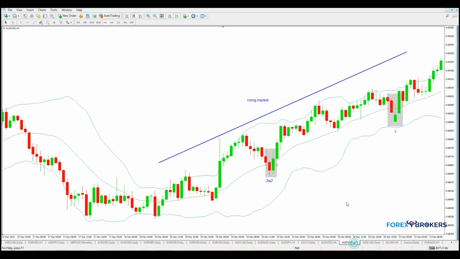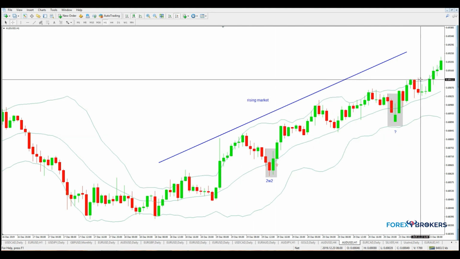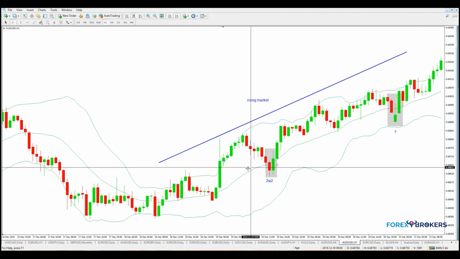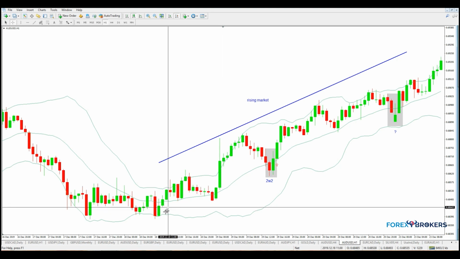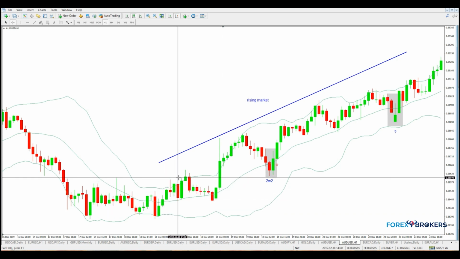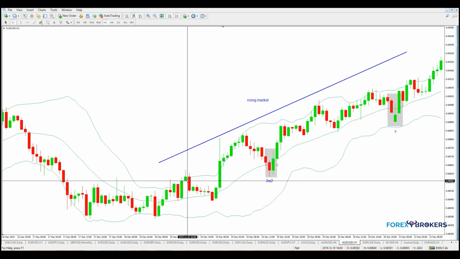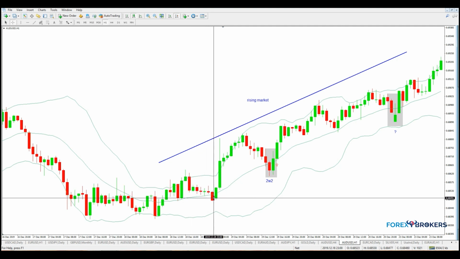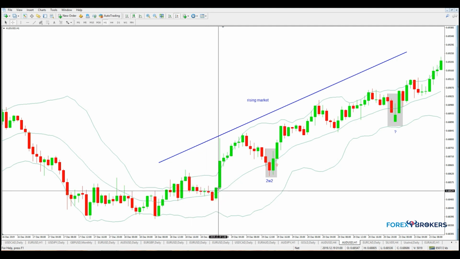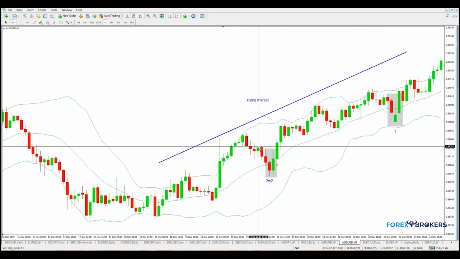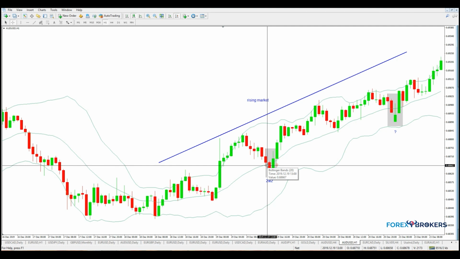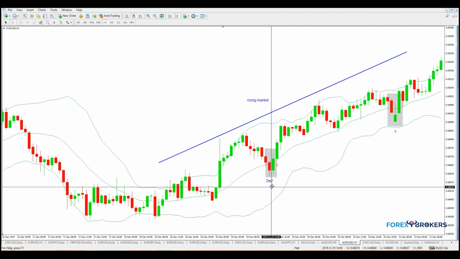So in a rising market, what we have is price evolving between these bands, and the focus sits with the middle Bollinger Band, where we want to add on the long side. So we see the market breaking beyond the upper Bollinger Band, then finding support on the middle Bollinger Band. It makes a new higher high, and then when it comes again to the middle Bollinger Band, what we need to see is the 2v2 formation.